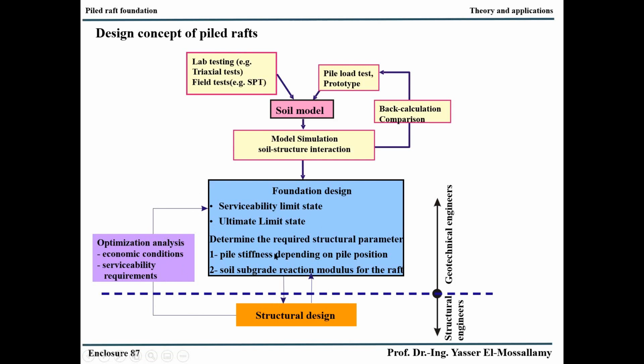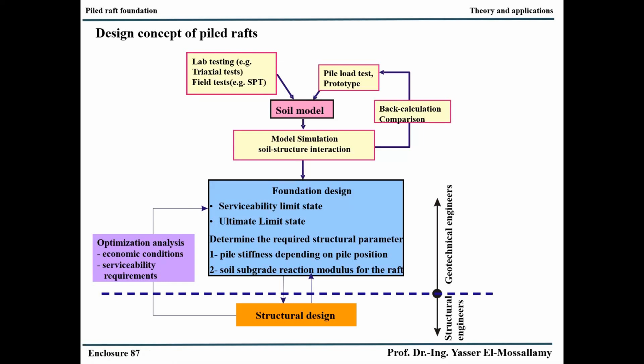Therefore, actually, pile stiffness and subgrade reaction modulus are completely not soil parameters. They are only fictitious parameters that help us to cooperate with our structural engineer. Therefore, the geotechnical engineer can make his work on a very high level, and the structural engineer can make his work also on the same enhanced and very accurate conditions.